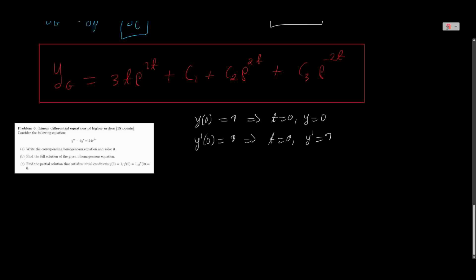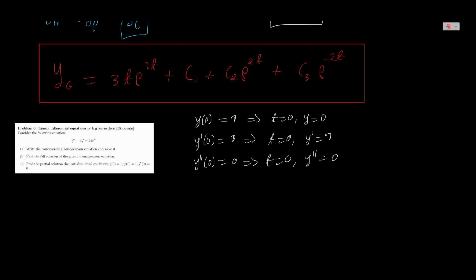And thirdly, y double prime of 0 is 0, which implies t is 0 and the second derivative is also 0. Since this is a third order differential equation, of course we are given 3 conditions, and we are going to come up with 3 equations and solve them simultaneously.